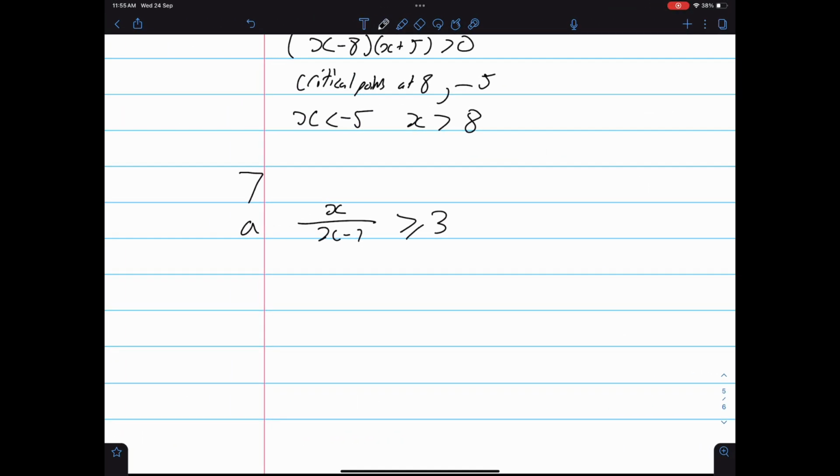So what we will do is identify critical points.